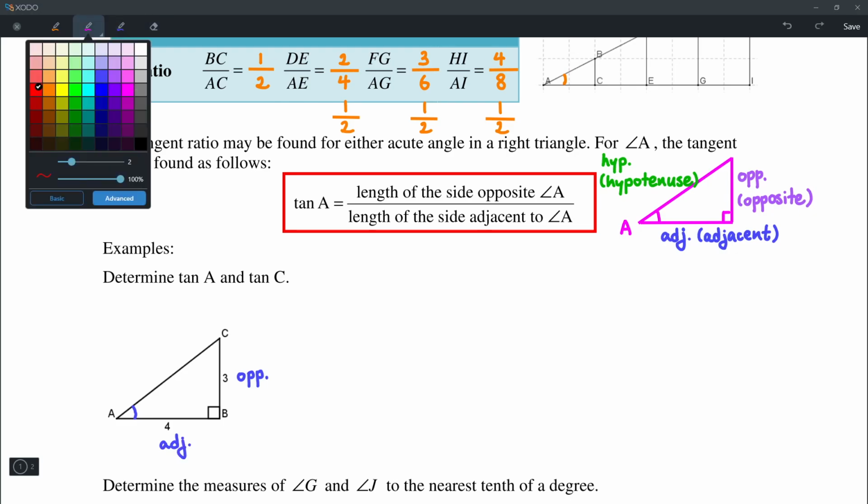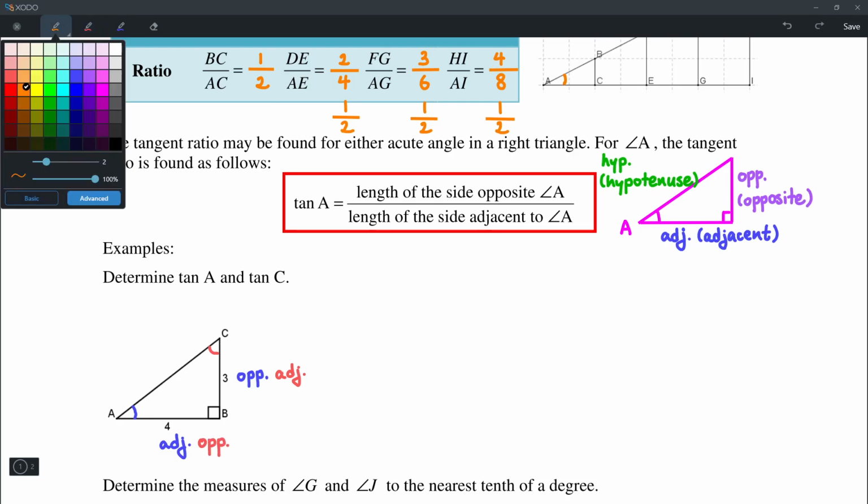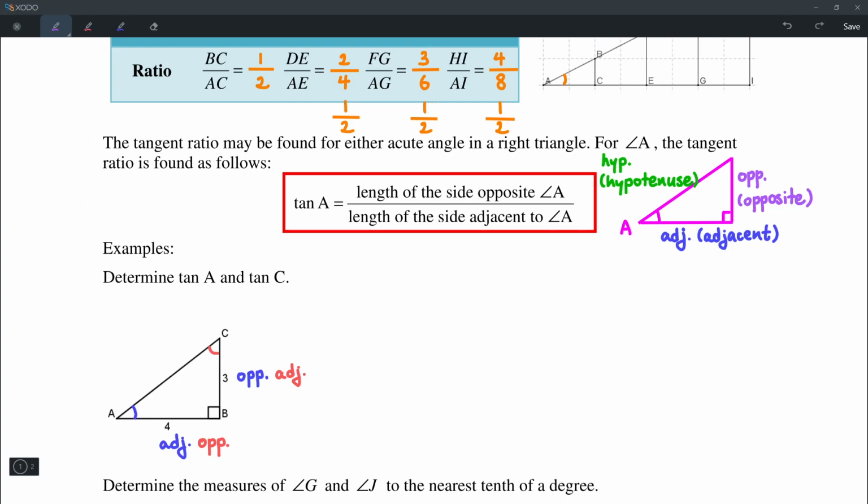We can also look from the perspective of angle C. Then, of course, the 3 is adjacent to it, whereas the 4 is opposite from it. And in both instances, the length AC is the hypotenuse.